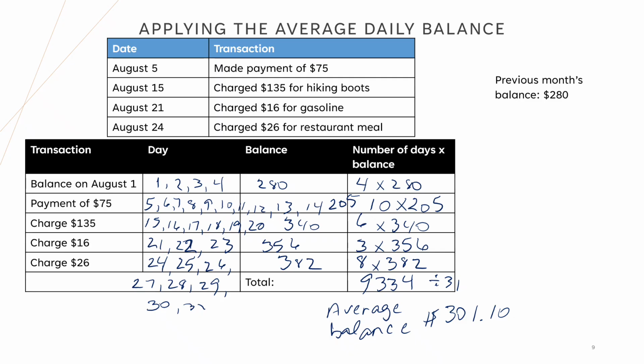So this is what we're going to do to find our finance charge. We take our average balance and multiply it by our interest rate. What did we have for our interest rate? Unfortunately, I can't go back to the previous slide.